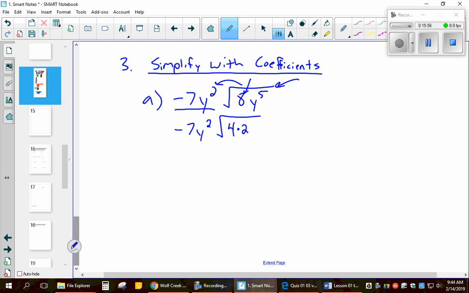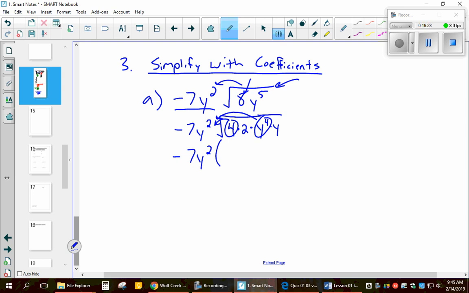Okay, so 4 and 2, because I know the square root of 4, right? Okay, and then the y, I'm going to split that up as y to the 4 times y, right? Because I know the square root of y to the 4. And then we're going to pull everything out that we can. So we've got negative 7y squared. And then, just so you can see them when they come out, I'm going to pull this 4 out, and I'm going to pull this y to the 4 out.